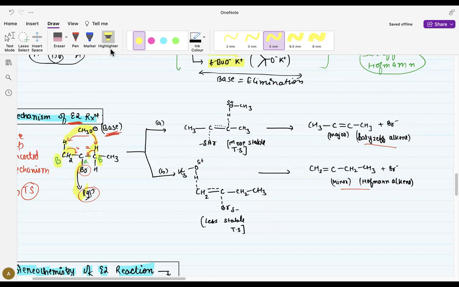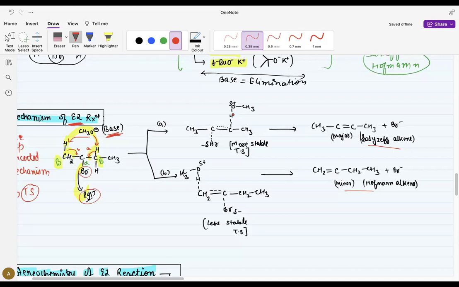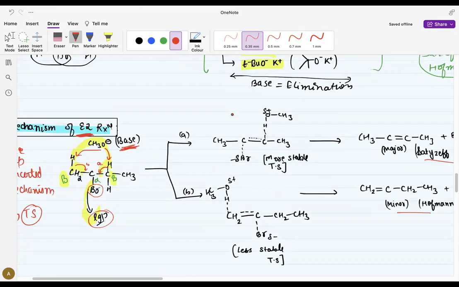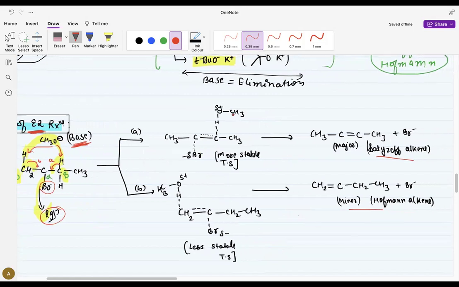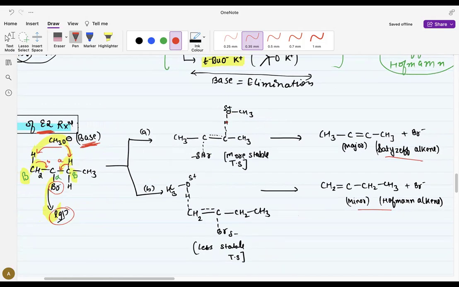So we will draw the transition state. अभी transition state draw करते हैं। Let's say CH3O minus will go and take the hydrogen of this. If it is going and taking the hydrogen, यहाँ से इसका हाइड्रोजन लेने गया, this bond will start breaking and this double bond will start making and this leaving group will start removing, है ना?